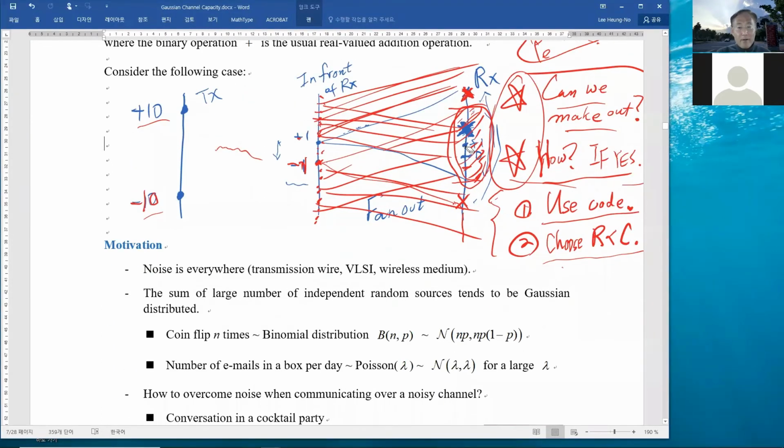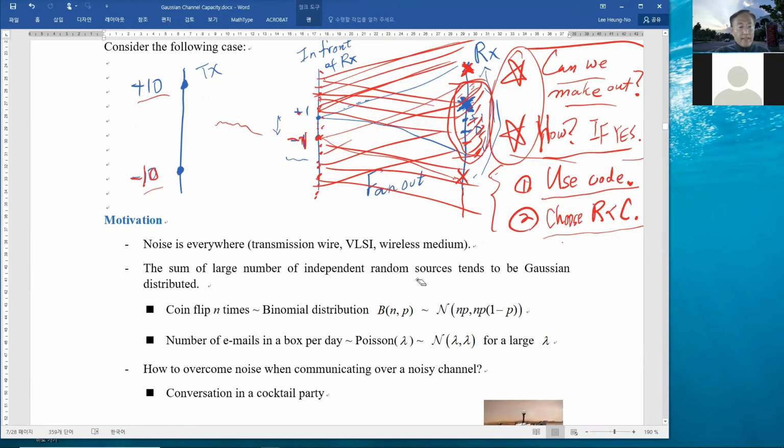So this type of additive noise is everywhere: in transmission lines, VLSI circuits, the wireless medium between the transmitter and receiver, between reader and the storage device, and anywhere you have this problem of noise which is additive to the signal. And this noise tends to have a Gaussian distribution. Why?